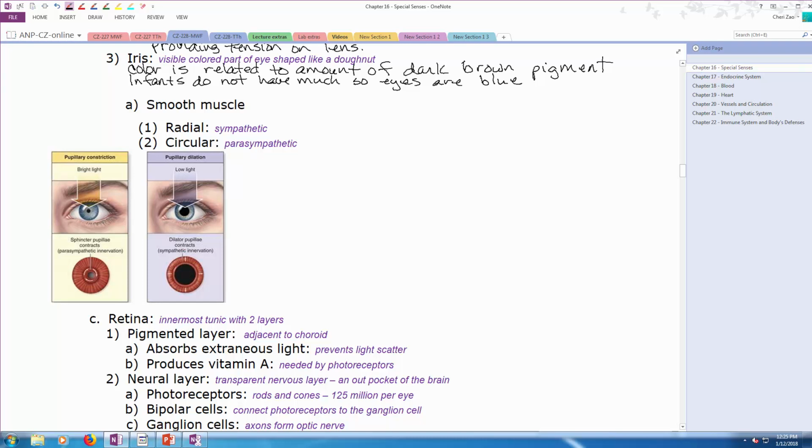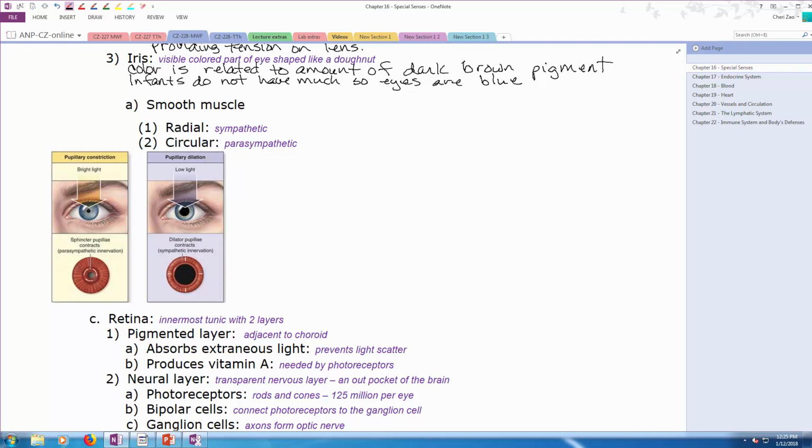So it's the interaction of the blood vessels, the vascularity, the muscles, as well as a little bit of dark brown pigment that gives newborns their blue eyes. As you age, whatever your genetic destiny is to be, based upon the genes that your parents gave you, you will get more and more dark brown pigment depositing into the iris, and therefore your iris will change its color.